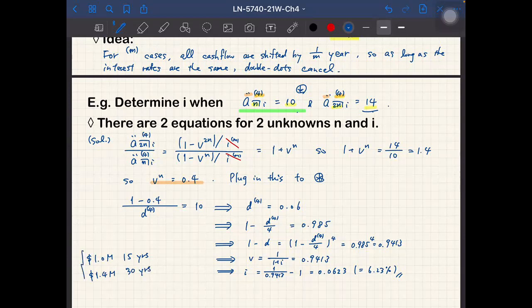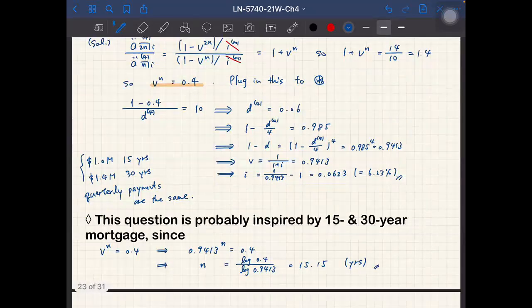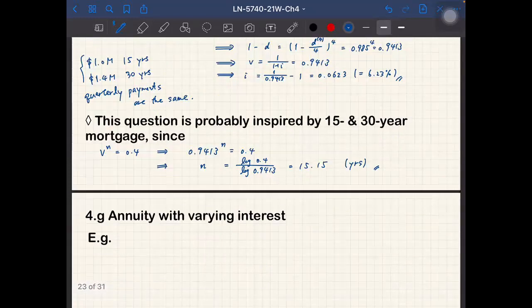I mean, the quarterly payments are the same. So you have to pay twice as much for a 30-year mortgage, but you get only 40% more present value, because you have to pay a lot of interest.